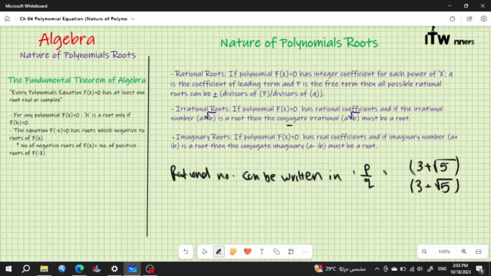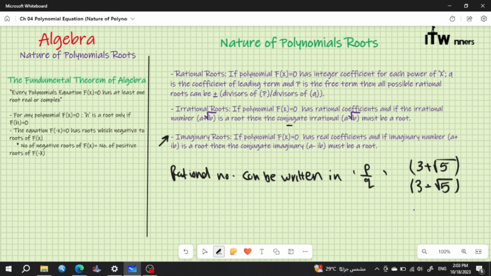And for imaginary roots, if I have a polynomial equation f(x) = 0 with real coefficients, and the imaginary number a plus ib is a root of the polynomial equation, then the conjugate number a minus ib must be a root.